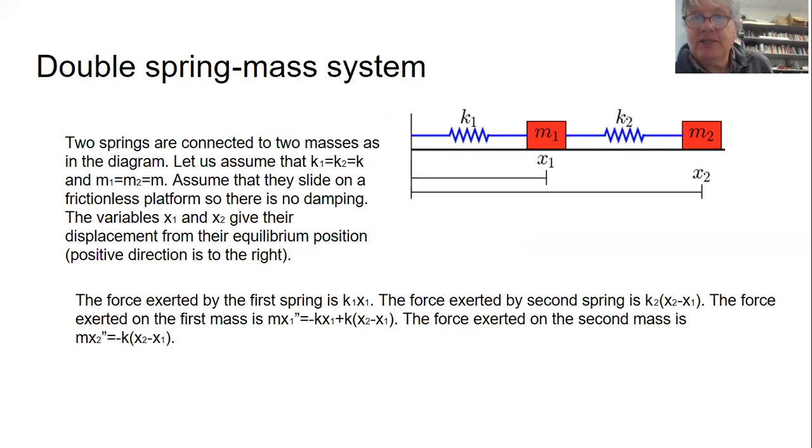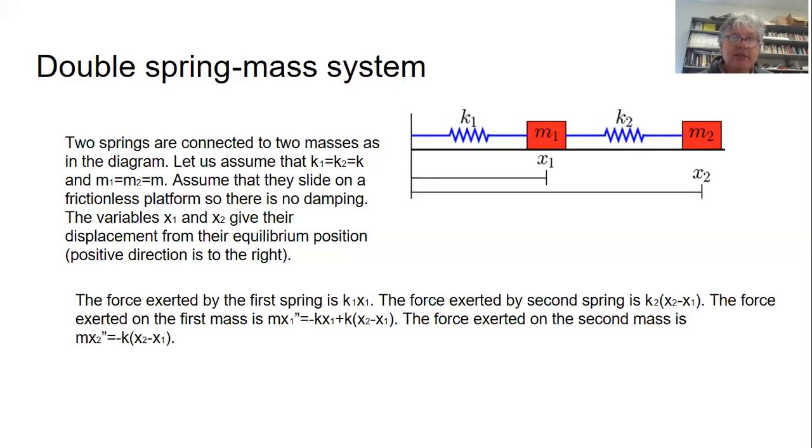Okay, so let's do a nice juicy example, a double spring mass system. There's lots of these out there. There's lots of different ways that you can connect different masses with different springs and anchor them to points and let them vibrate and see what happens. So it's a much more complicated story than the simple spring mass system we saw earlier.